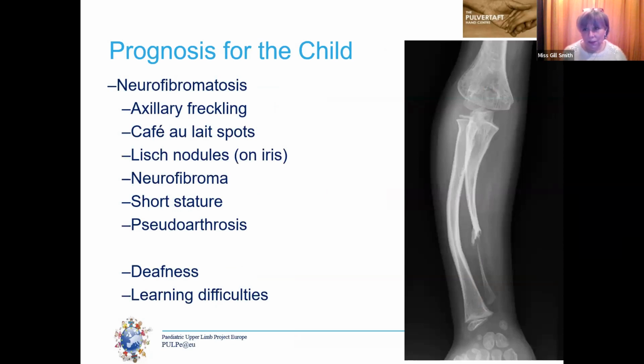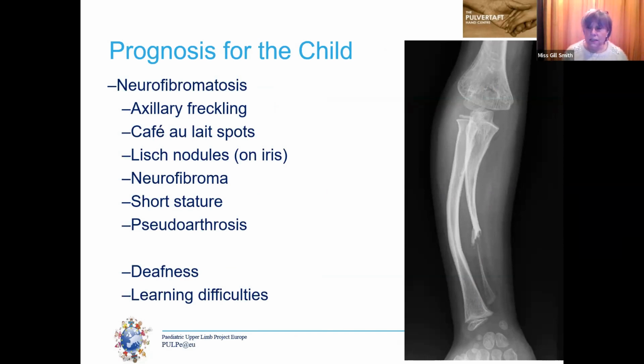And then I'm hoping that you that are orthopedic can imagine that this is a lower limb, because then you'll probably spot the diagnosis that this is a pseudoarthrosis. This happens to be a pseudoarthrosis of the ulna, but as soon as you see a pseudoarthrosis, you're thinking, could this be neurofibromatosis type 1?